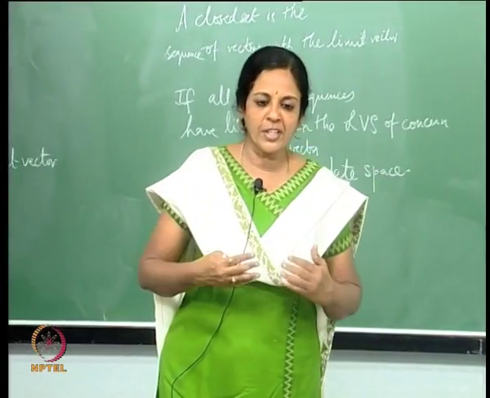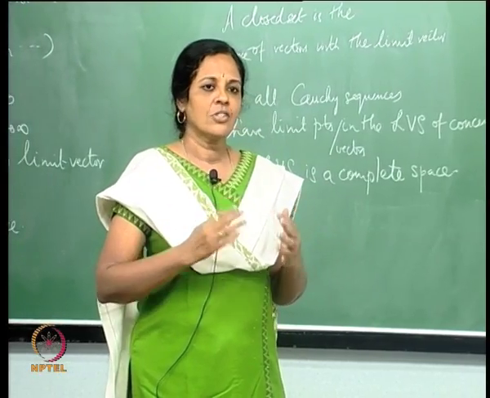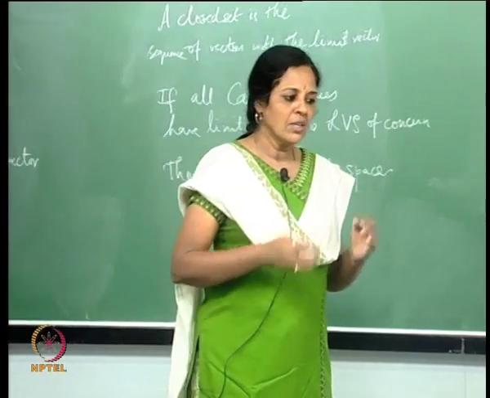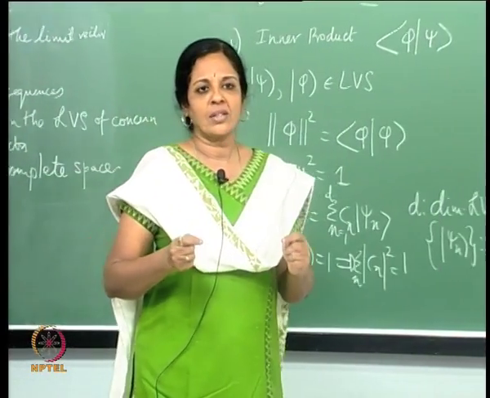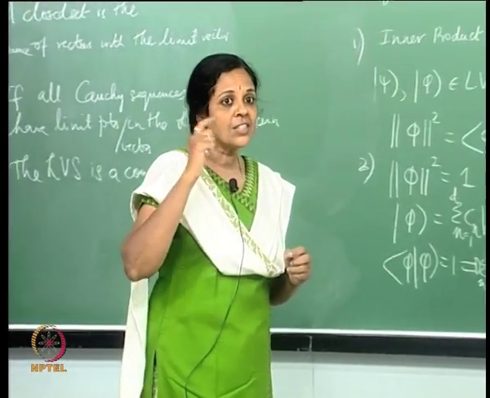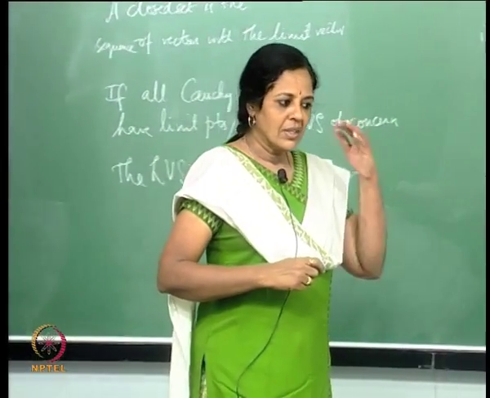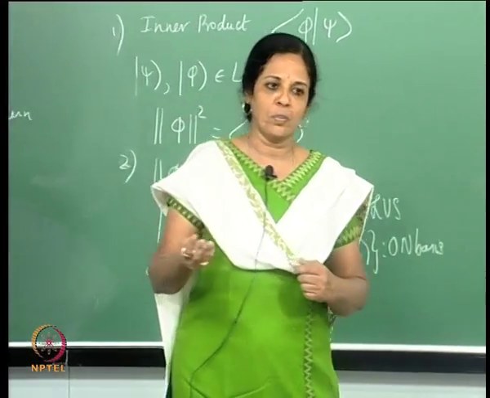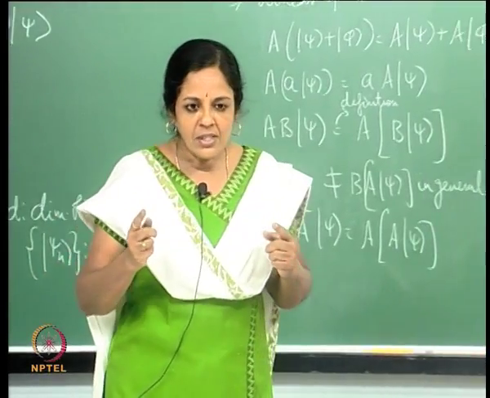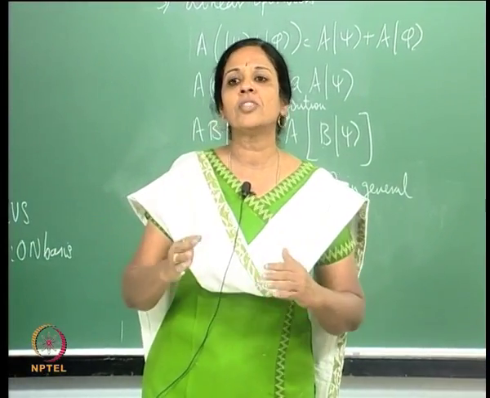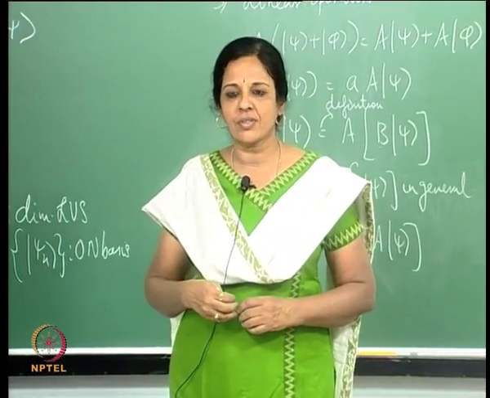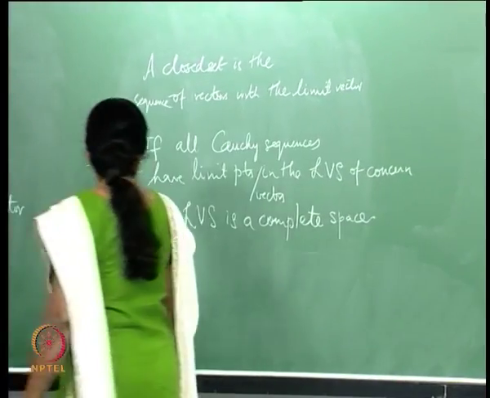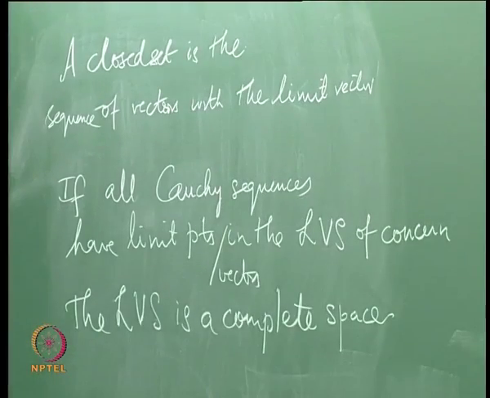The action of operators on sequences of vectors, or any one of the vectors in the sequence, should result in a state which belongs to that linear vector space, and not take it out of that linear vector space. The state that I get after the action of the operator should be expandable in terms of the basis states of the linear vector space of consideration. And therefore, this is a very crucial requirement, that the linear vector space is a complete space.